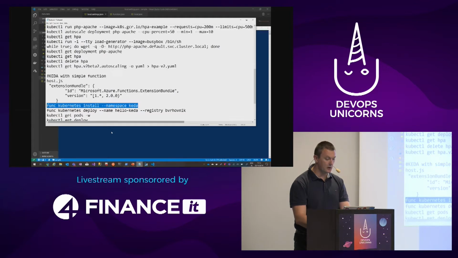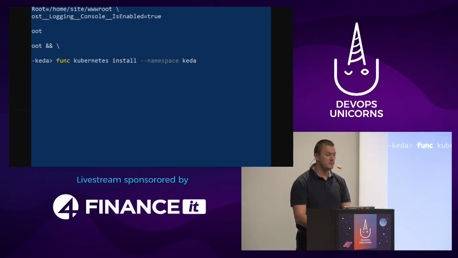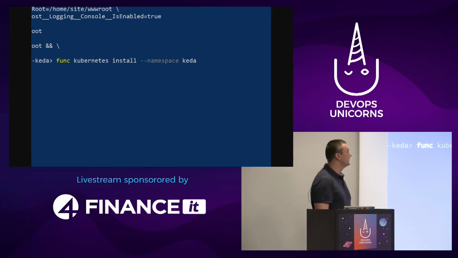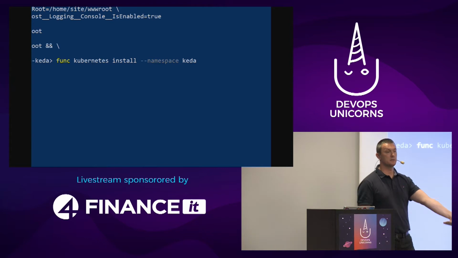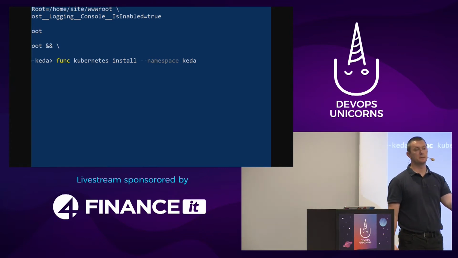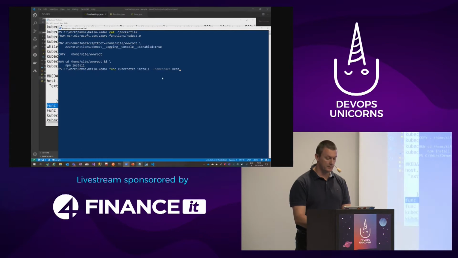Now, if you noticed, there is something on the end that is called namespace KEDA. So I will put everything in a special namespace in the cluster. So when you will be searching for pods, you will not see what has been installed if you don't use the specific namespace.